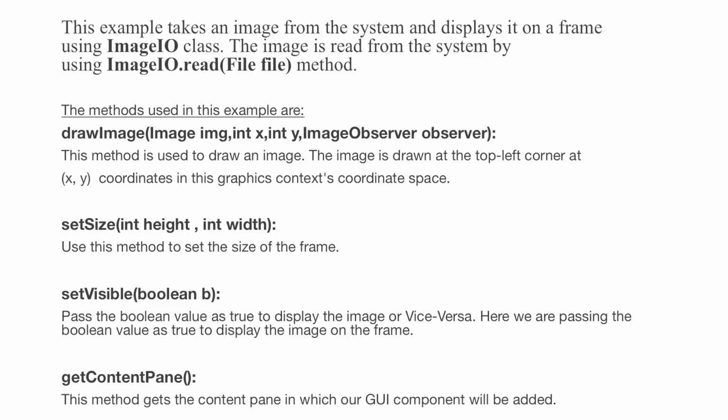Then setSize(int height, int width) is used to set the size of the frame. Then setVisible(boolean), yes or no, passes the boolean value to display the image. Then getContentPane is used to get the content pane in which GUI components will be added.